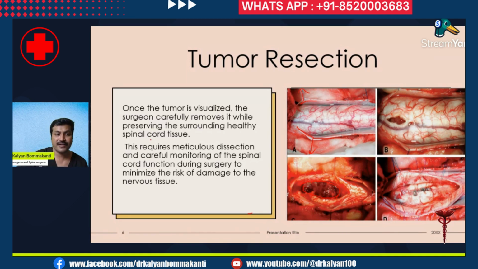So the tumor removal requires meticulous dissection and careful monitoring of the spinal cord function, sometimes depending on the financial condition, the duration of surgery, and the protocol in your institute. This meticulous dissection minimizes the risk of damage to the spinal cord.